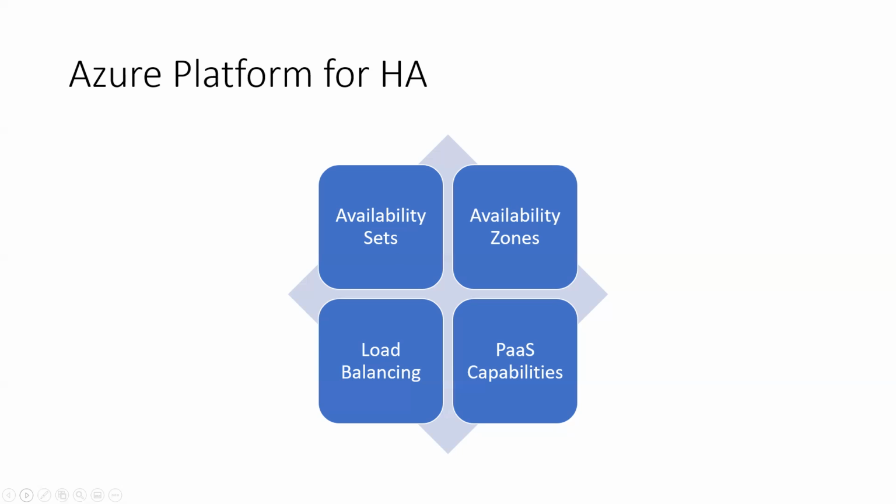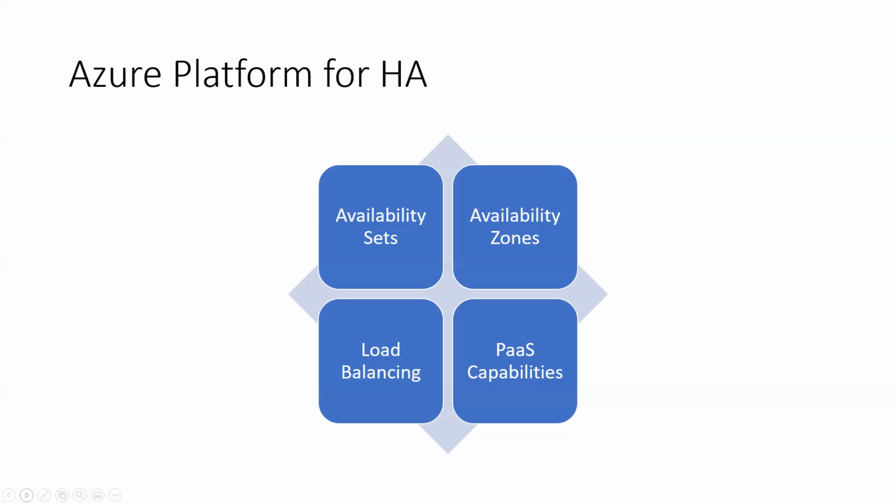So we need load balancing, because if one VM is down, the health probe will tell the load balancer this VM cannot cater to the request, so let's divert the request to a different virtual machine. And then the platform capabilities, Platform as a service, I meant.